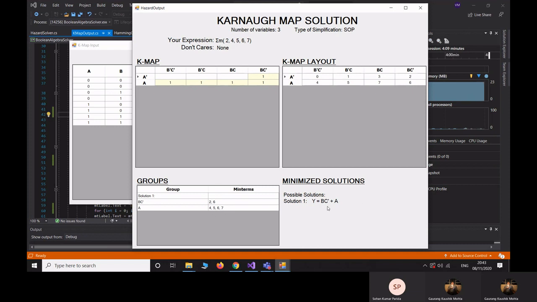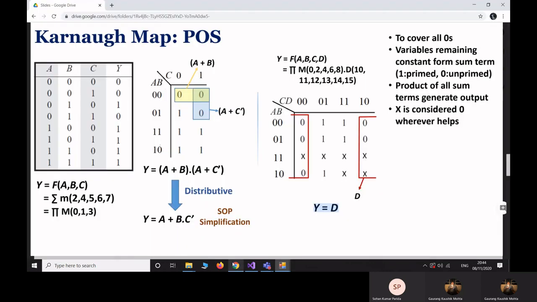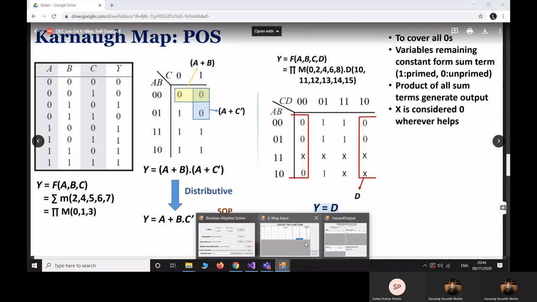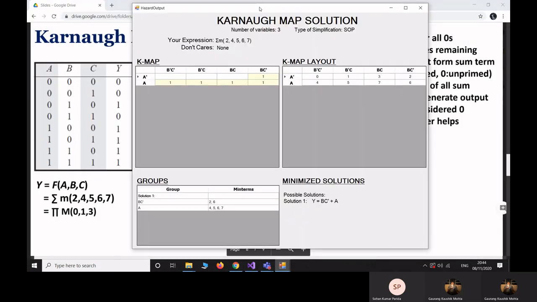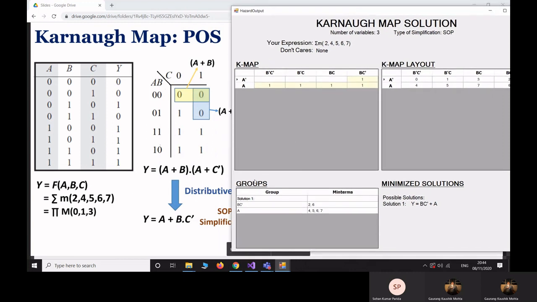And the possible solution is BC bar plus A. One unique feature about our algorithm is that if there is more than one possible simplification of a given K-map, it will give all the possible solutions. Let us compare this to the actual solution in the slides. We indeed find that the answer to the given problem was A plus BC bar, which is what we have got.